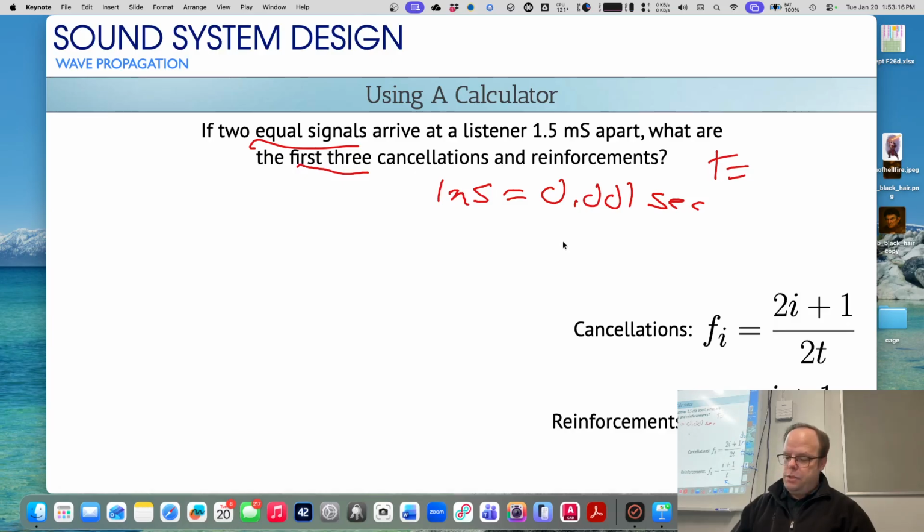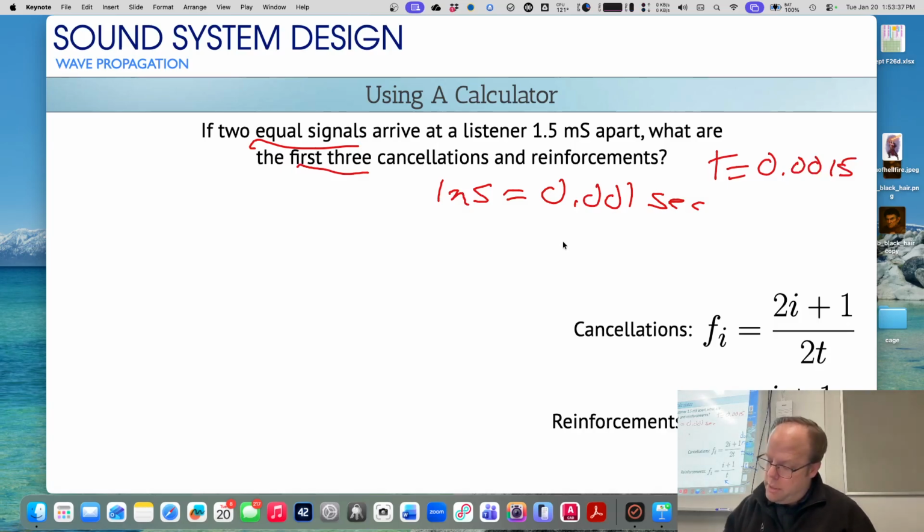So you're really close. You're actually going to divide by 1,000, right? And then you get it. So T is going to be equal to 0.0015.